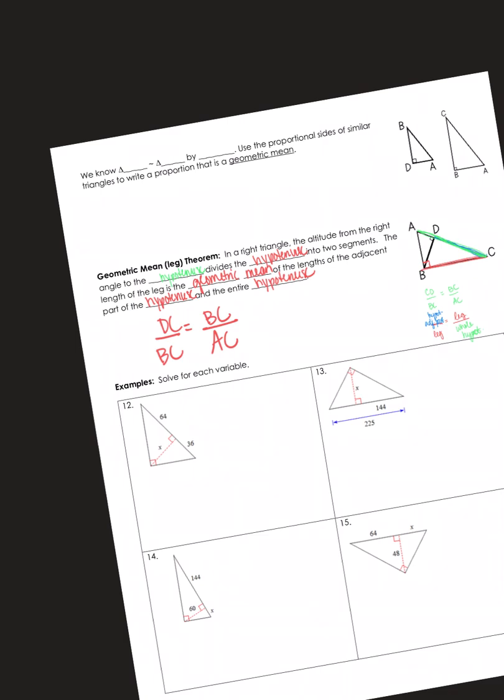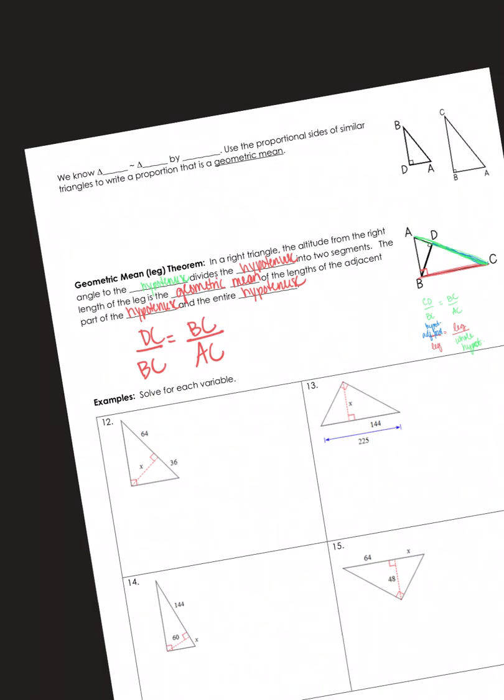Okay, now if we go back here, what this is going to do is look at leg AB, because there are two legs in a right triangle. And we're going to be able to say that yes, indeed, because these two triangles are similar, that leg can also be a geometric mean.